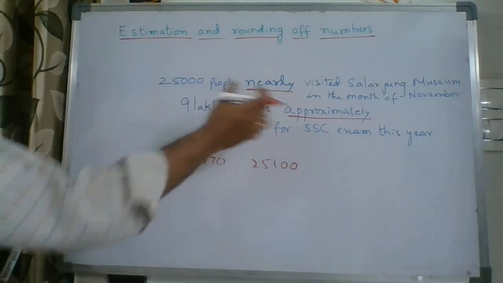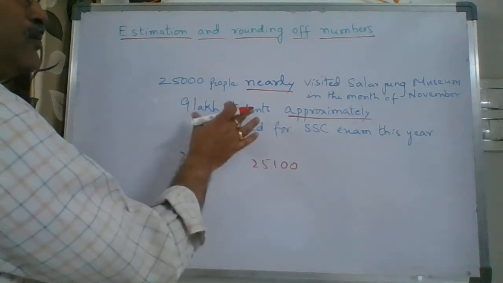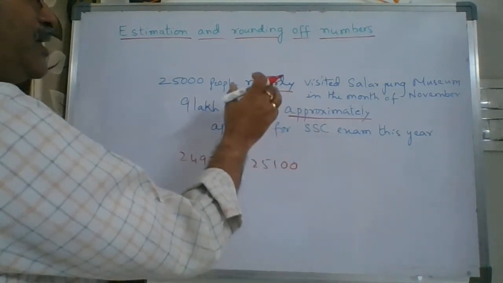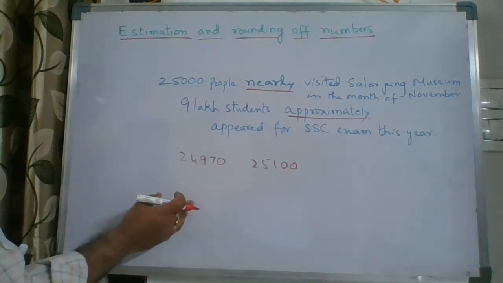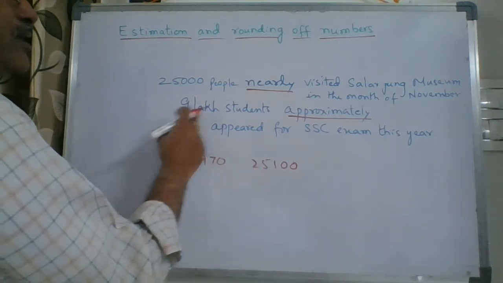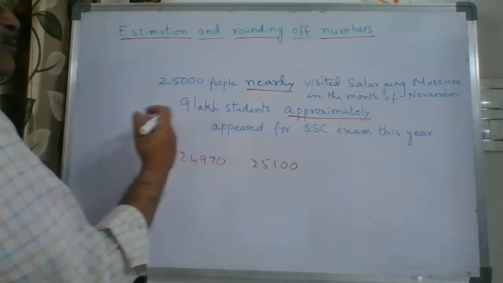And 9 lakh students approximately is again the word for nearly only. So it is roughly, approximately, or nearly, all may mean the same. So 9 lakh students approximately appeared for the SSC exam this year means it may not be the exact number.